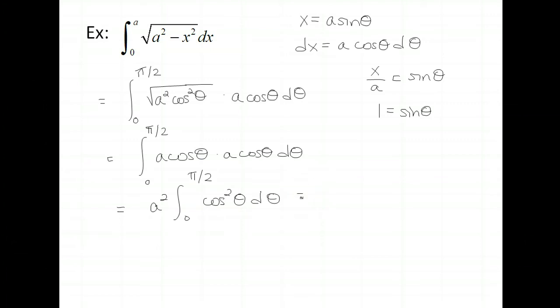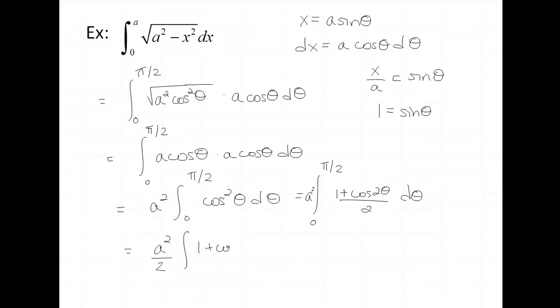And this should look familiar because this is an integral we actually worked on in class where we have an even power acting on a cosine here. So we're able to make use of the half angle formula to say 1 plus cosine 2 theta all over 2 d theta. So we get a squared, and now we can bring the 2 out front too.